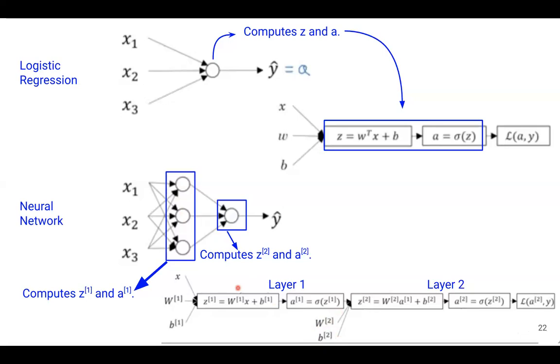I actually have a dedicated slide on this, so just wait a little bit, and we will discuss what the dimension of the W matrix will be for every given layer of a neural network. And you will see that it will depend on the number of nodes that you have in that layer and the number of activations coming from the previous layer. These are the two driving factors.